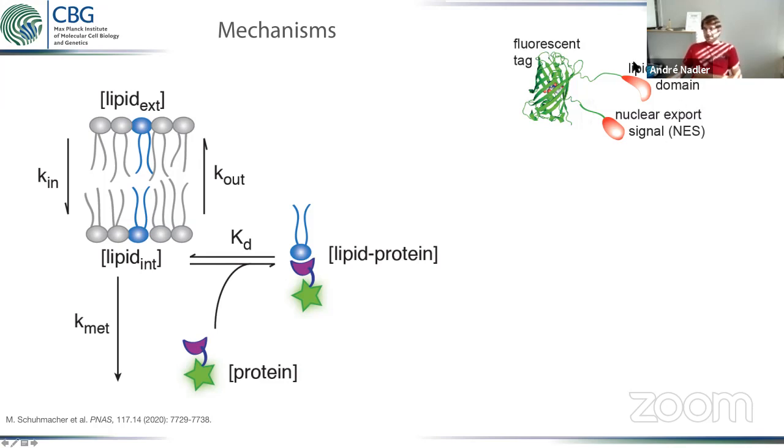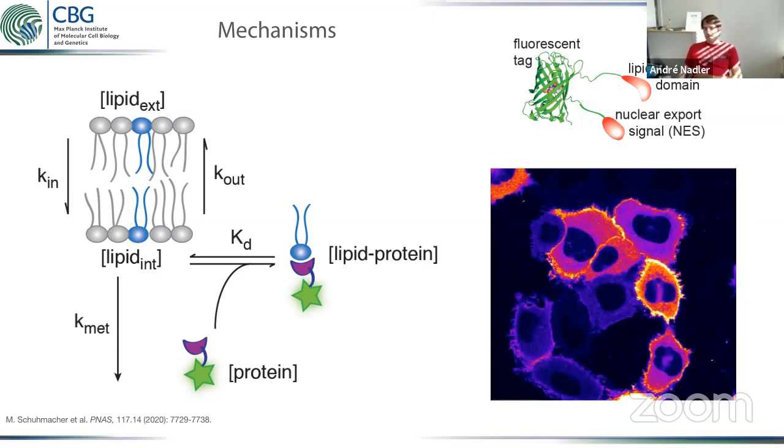So this is essentially just a single C1 domain, a fluorescent tag, EGFP, and a nuclear export signal that basically eliminates nuclear pools. Because if this wasn't here, what we would be doing is creating a very expensive way to measure nuclear export kinetics, which is essentially what we did first, prior to improving our lipid biosensors.